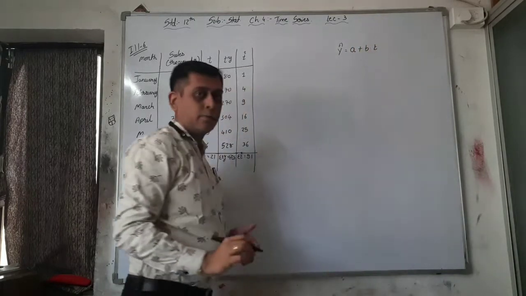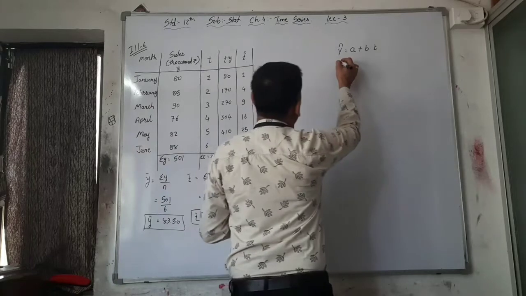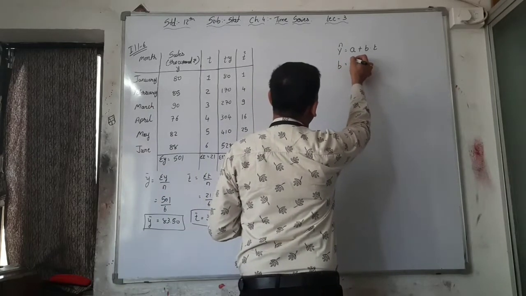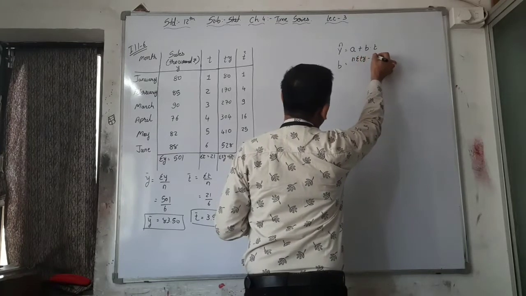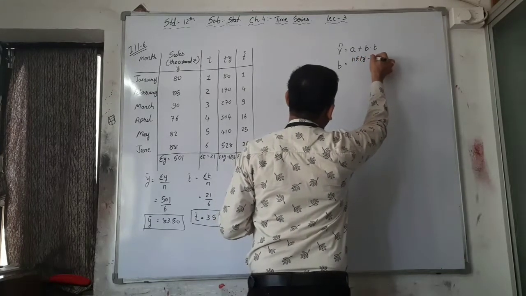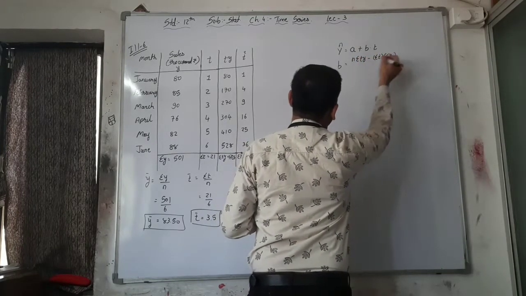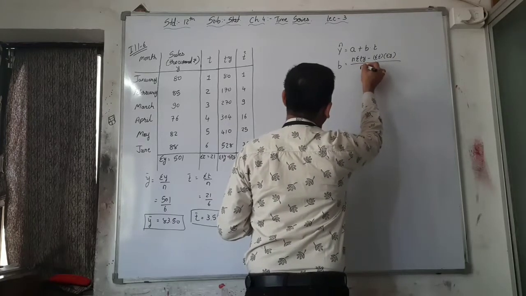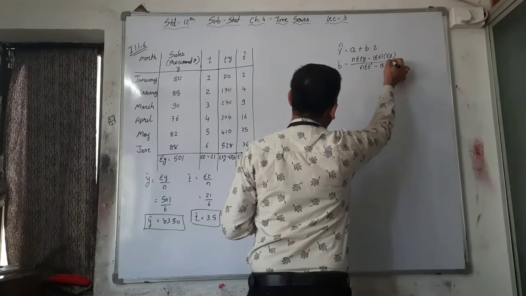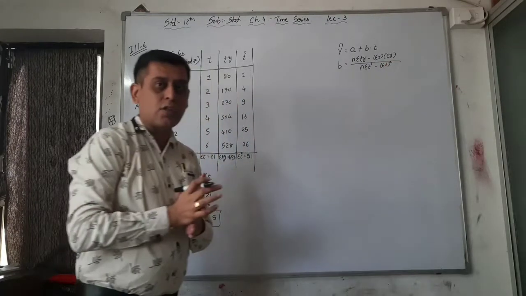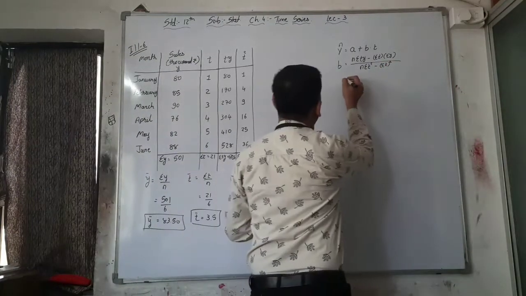The formula for b is equal to n sigma ty minus sigma t into sigma y, upon n sigma t square minus sigma t whole square. This is the formula. Now put the values here.